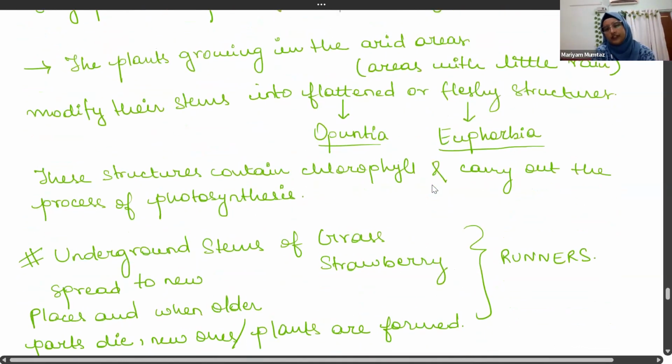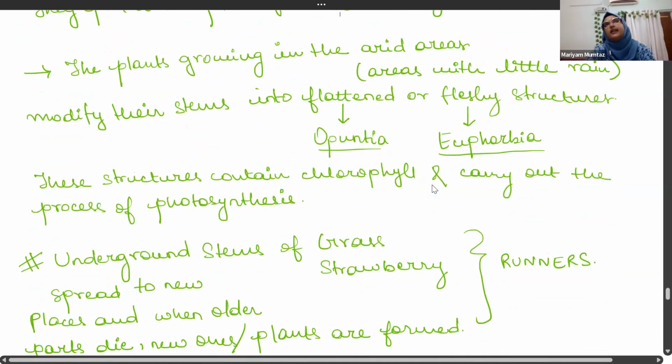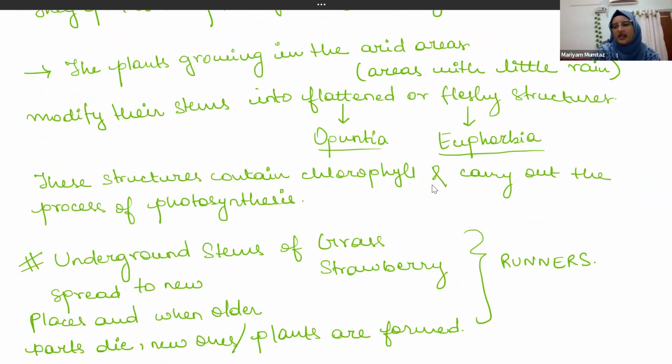Now moving forward. There are plants that are present in the desert areas, and there are plants present in areas where there is a lot of rainfall, the tropical areas, the temperate areas.